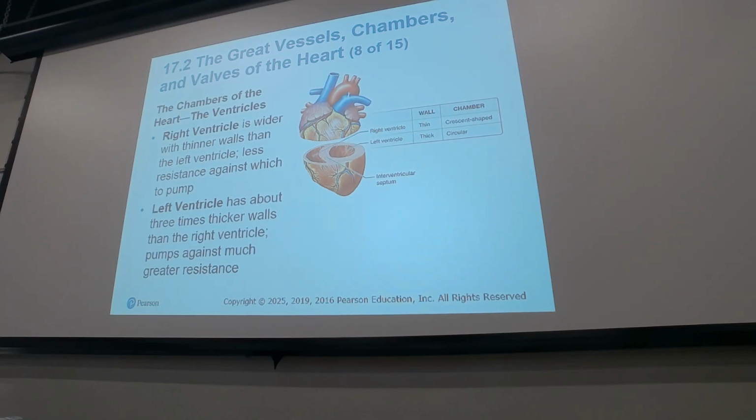It has to pump the blood up to where? Up to your toes. So it takes longer distance. So it has to contract stronger, the left side. The right only has to pump the blood up to where? Up to the lungs. So it takes less distance. So it has to work less hard. So that's why this wall is thinner than this.